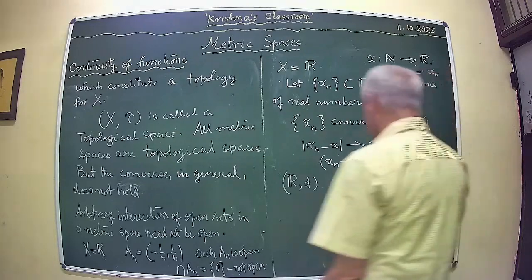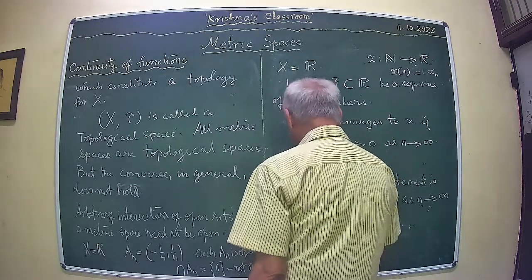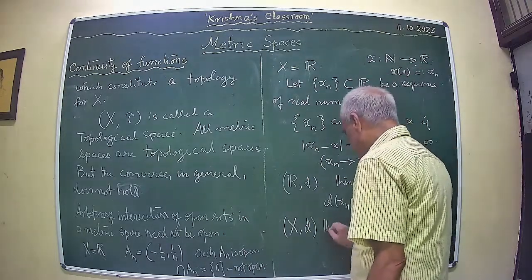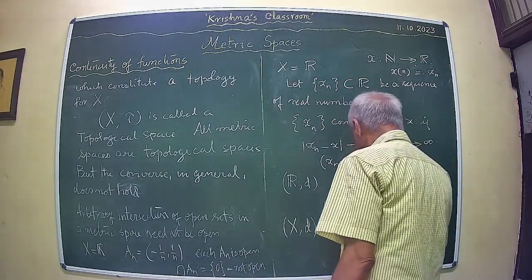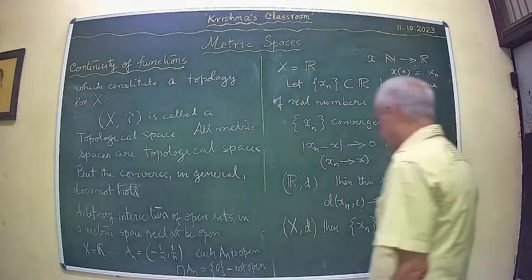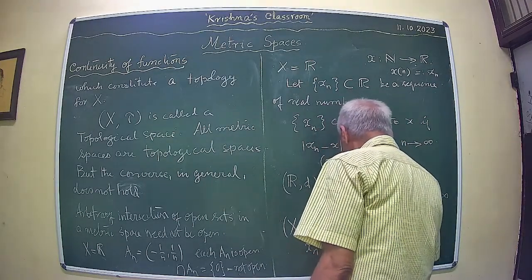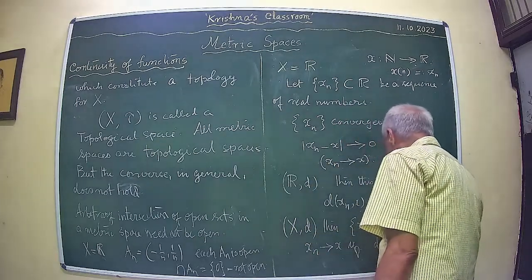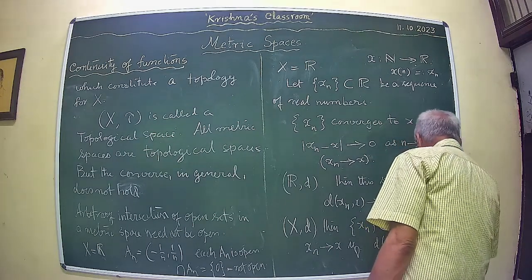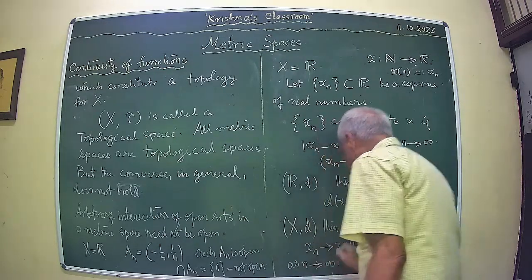Therefore, what you can do now is take X, a non-empty set, and let (X, d) be a metric space. Suppose x_n is a sequence in X. We say that x_n converges to x if d(x_n, x) goes to 0 as n goes to infinity.